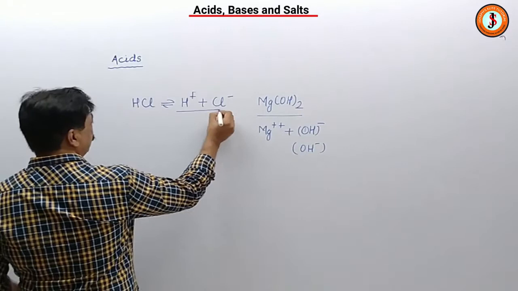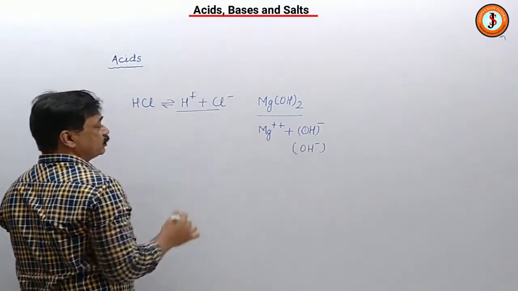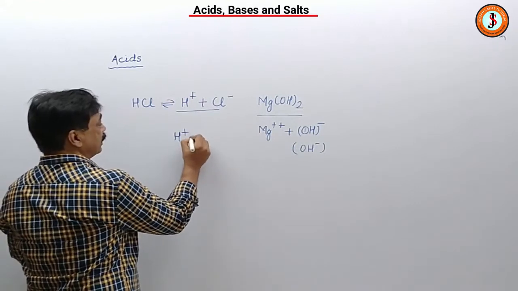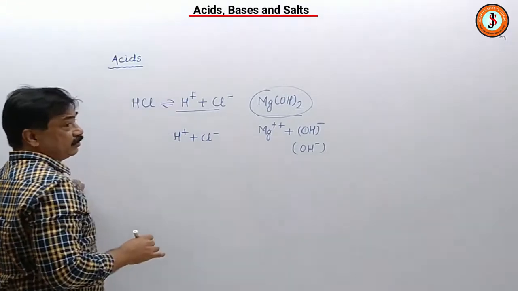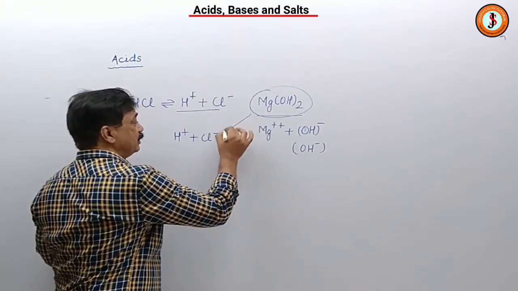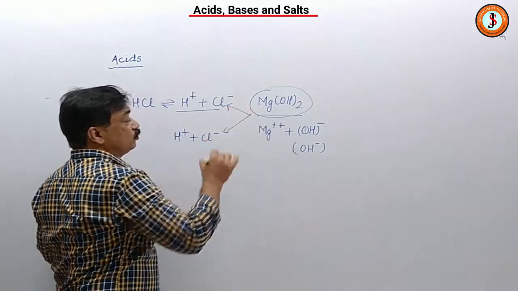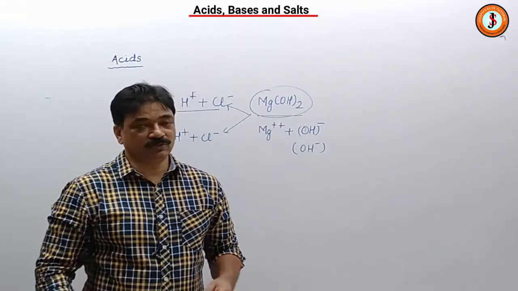Whereas HCl will only give one proton, one hydrogen. So one hydrogen will neutralize one hydroxyl. So two acids are needed. So magnesium hydroxide is a diacidic base because it will need two standard acids.